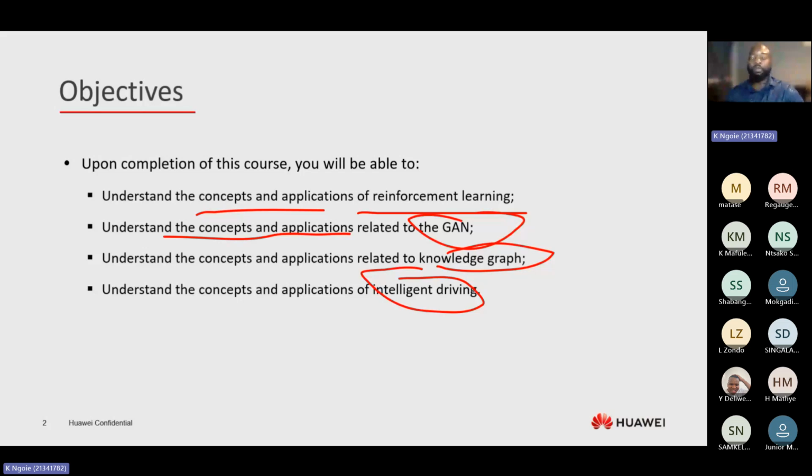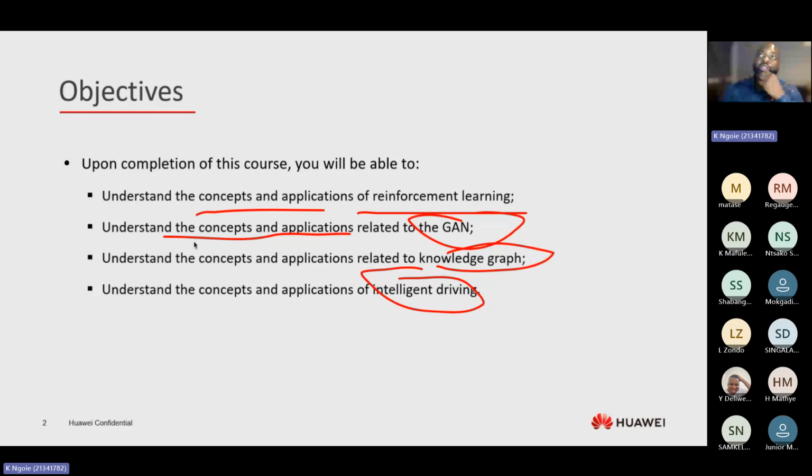So basically, we put the machine in an environment, it takes certain actions, and those actions give a result, either a reward or a punishment, depending on the choices or actions that the machine makes. So that is reinforcement learning.